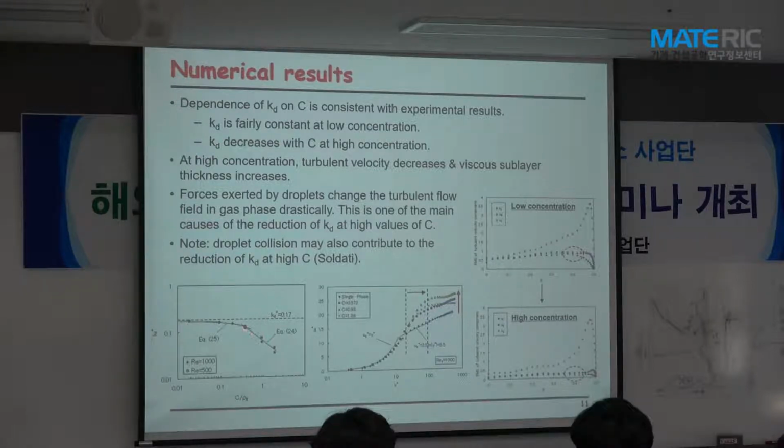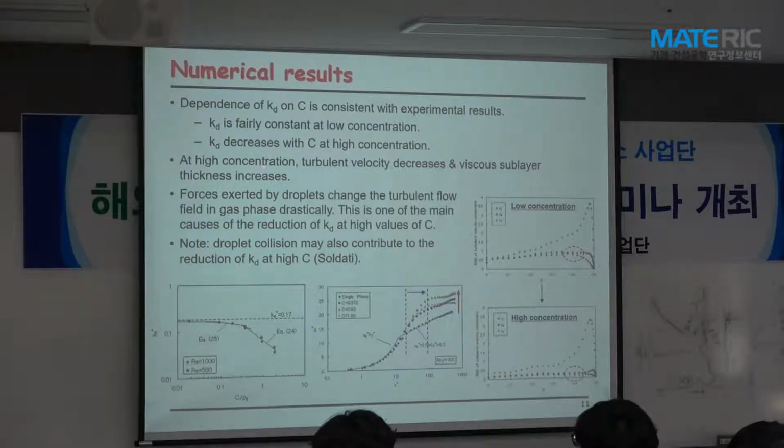However, at high concentration, deposition tended to decrease. This trend can be obtained. In the experiment, it's very difficult to know why K decreases at high C. But in numerical simulation, we have all the phenomena in the simulation result. Therefore, we can investigate why.